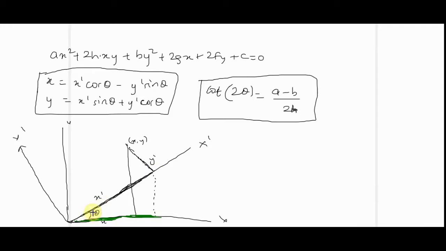From this triangle, let's say OAB, in this triangle we have cos theta equal to OB by x prime. So we know OB equal to x prime cos theta.